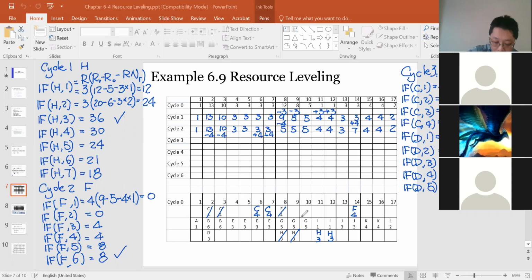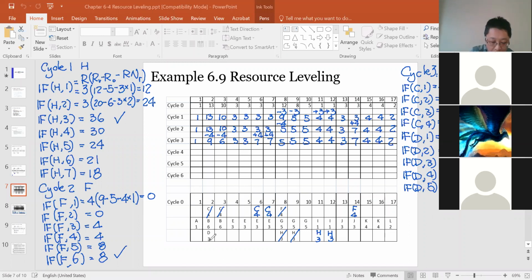Okay, so recalculate this row: 1, 9, 6, 3, 3, 7, 7, 5, 5, 5, 4, 4, 3, 7, 4, 4, 2. Okay, next step.